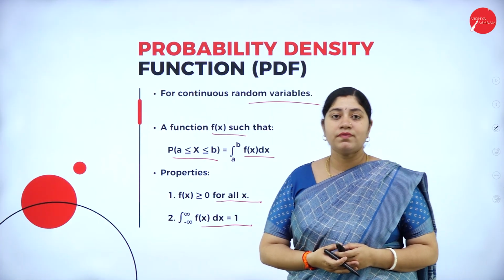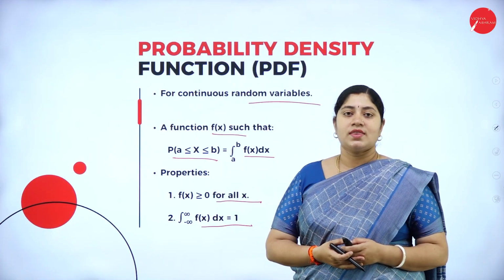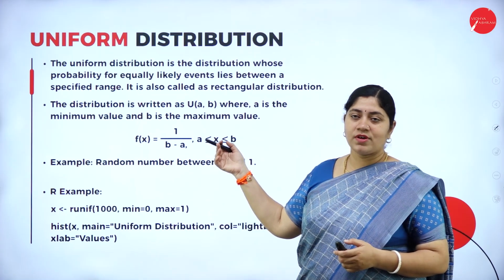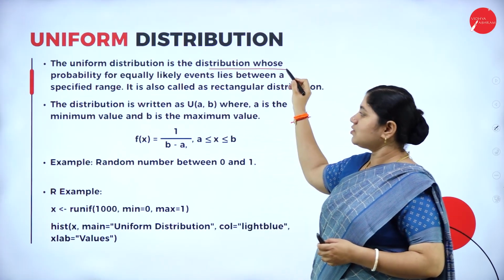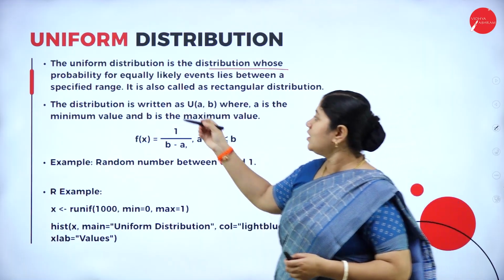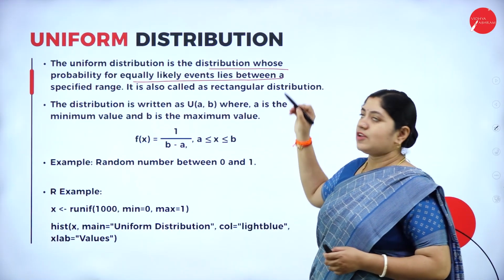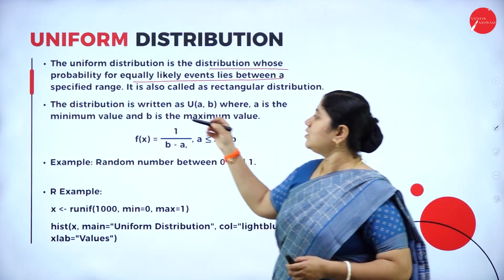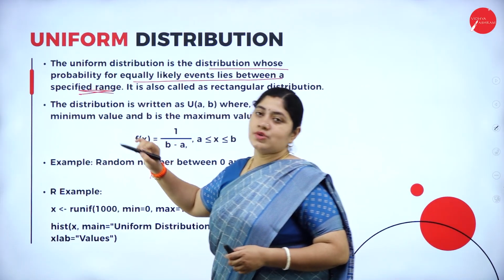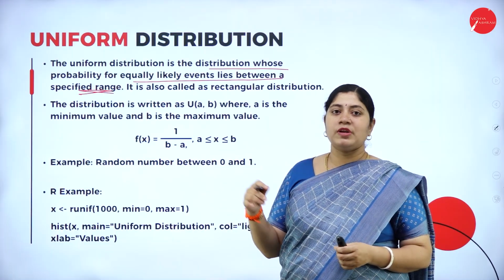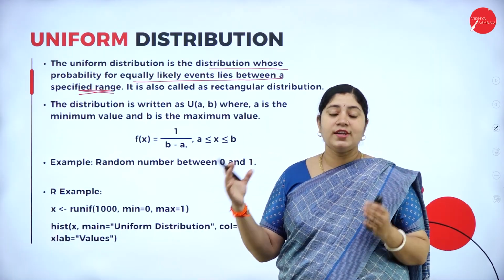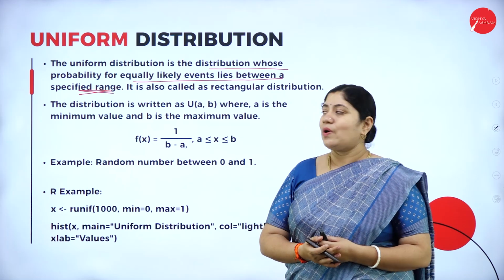Let's see the different continuous distributions that we have, starting with the first one, the uniform distribution. A uniform distribution is a distribution whose probability for equally likely events lies between a specified range. As we know, it is continuous, so the probability lies over the specified continuous region.